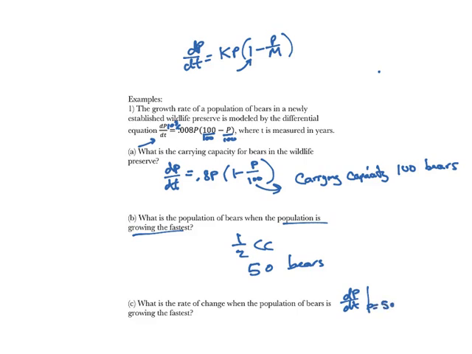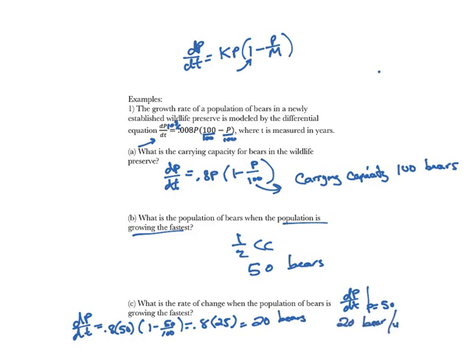So I would say dp over dt would equal 0.8 times 50 times 1 minus 50 over 100, which is just a half, and 1 minus a half is a half. Half of 50 is 25, so it's 0.8 times 25, which would be 20 bears. So you'd have 20 bears per year when it's growing the fastest.